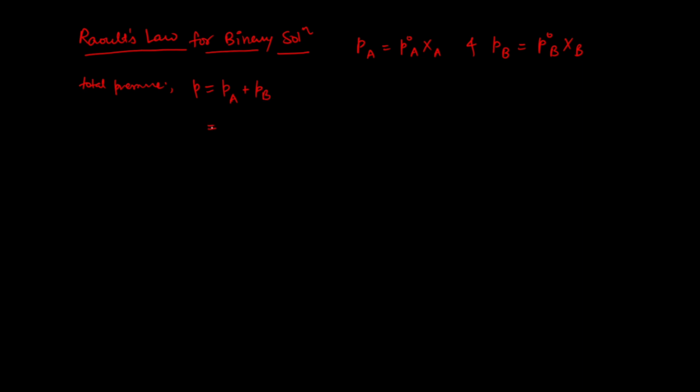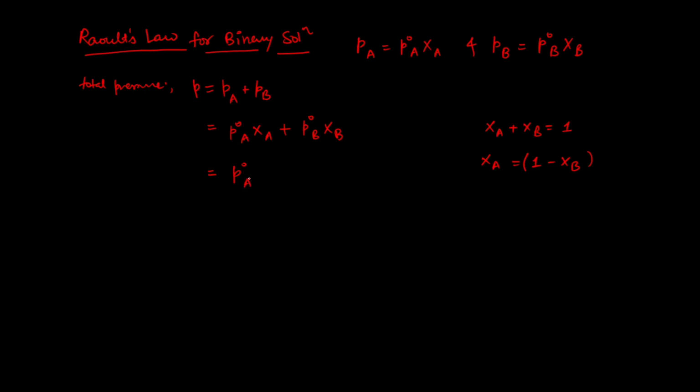So when I sum these two pressures, PA is P naught A chi A, and PB is P naught B chi B. Again, we know the formula chi A plus chi B is 1. So suppose I replace chi A with 1 minus chi B.